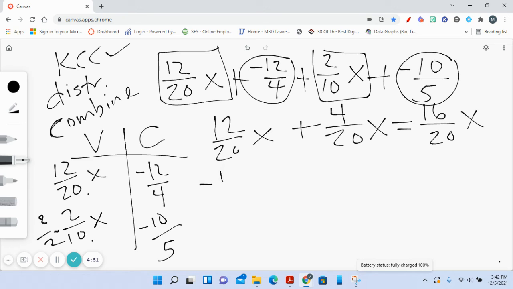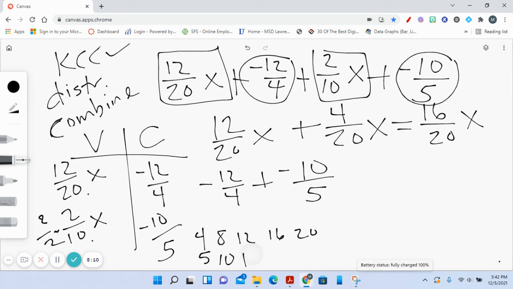Then let's look at our constants. So we have -12 over 4 plus a -10 over 5. So we don't have a common denominator, so let's start looking at common denominators. So our multiples are 4, 8, 12, 16, 20. For 5, we've got 5, 10, 15, 20. So we're going to use 20. So we want to multiply negative 12 over 4 times 5 over 5 to get our 20 on the bottom.